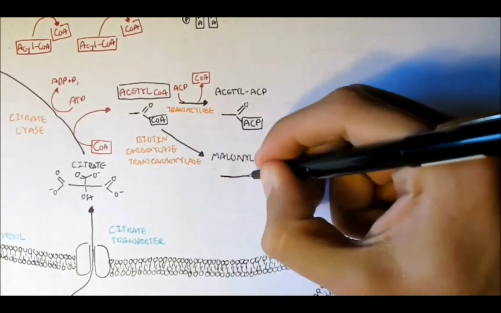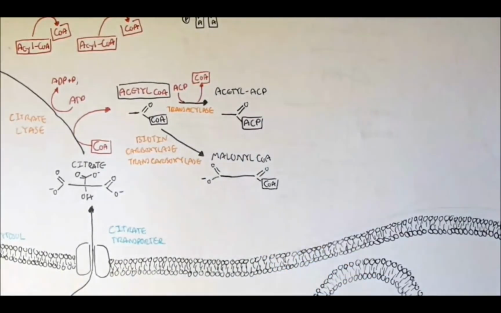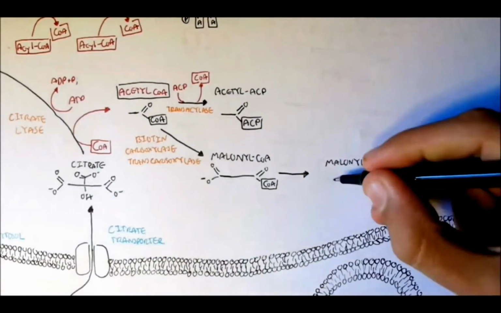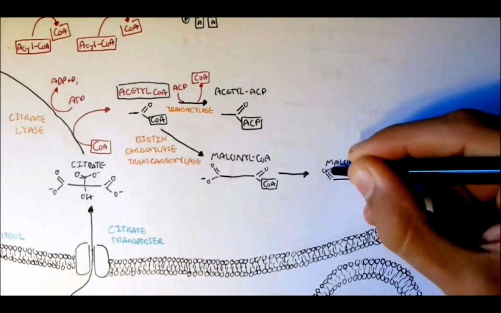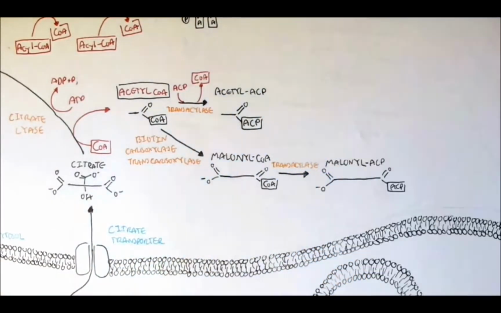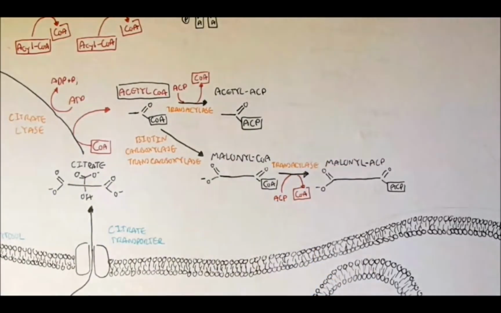Then malonyl-CoA converts to malonyl ACP, and with the same enzyme specific for malonyl called malonyl transacetylase, the ACP is added and the CoA is removed to form malonyl ACP.